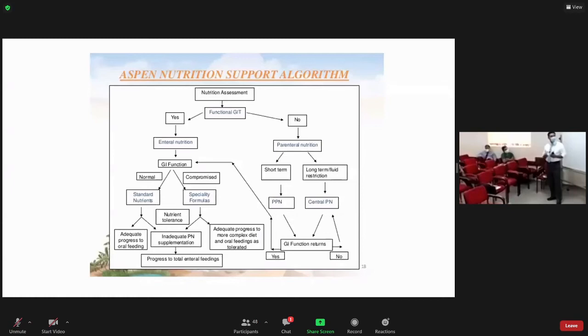People get confused with the word enteral nutrition. Ideally, if we eat orally, that can also be considered enteral nutrition. But in these nutrition guidelines and textbooks, they use the word enteral nutrition for tube feeding.